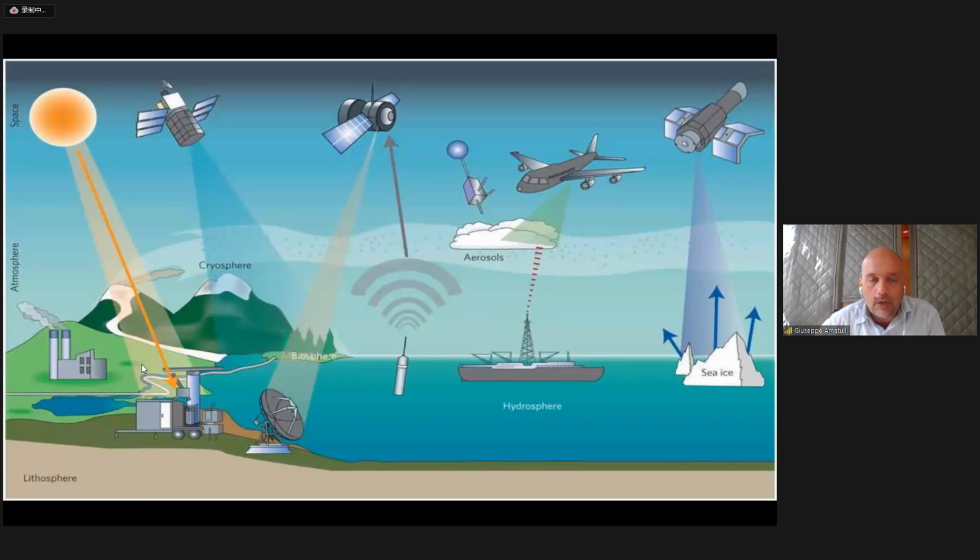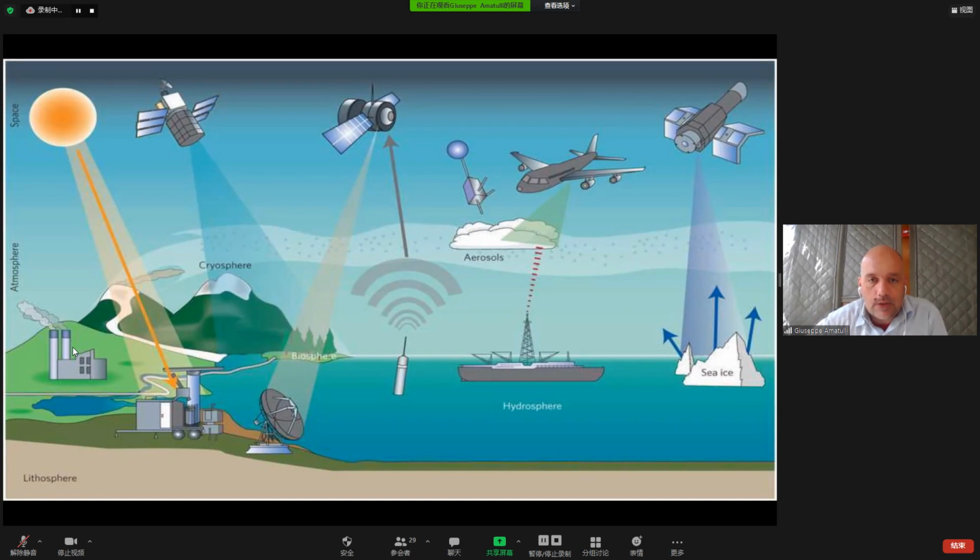Nowadays, we really are in the world of data. Data are coming from different sources, scanning the entire surface of the Earth, from the ocean to the land to the mountains, measuring precipitation, aerosols, atmospheric content.